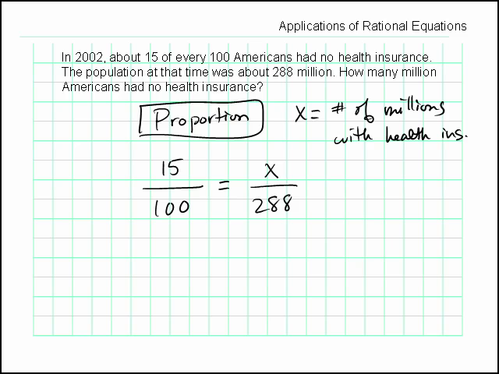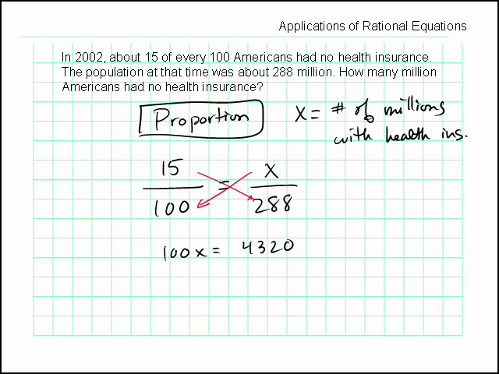Now, proportions can be solved with a shortcut. I can cross-multiply. And that means I can multiply these together, which would give me 100x, and that will equal this times this, 15 times 288, which, using my calculator here, is 4320.